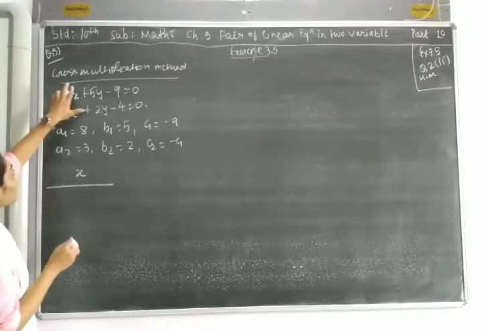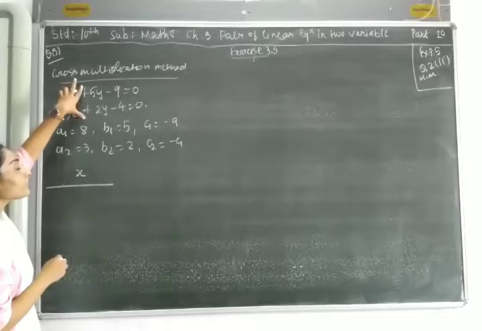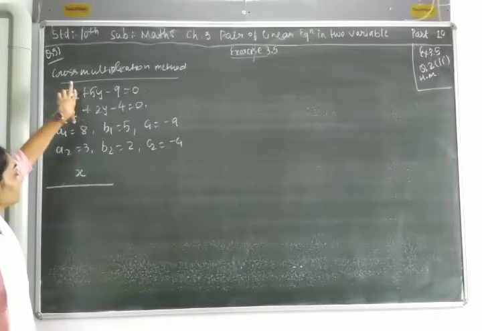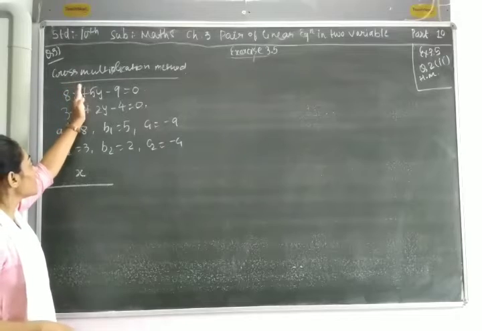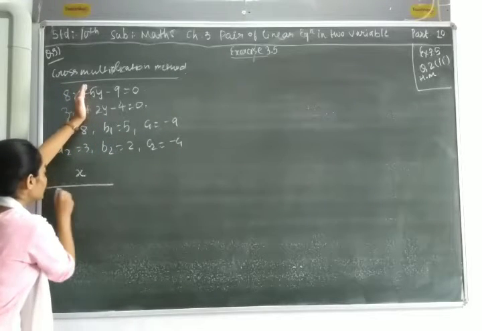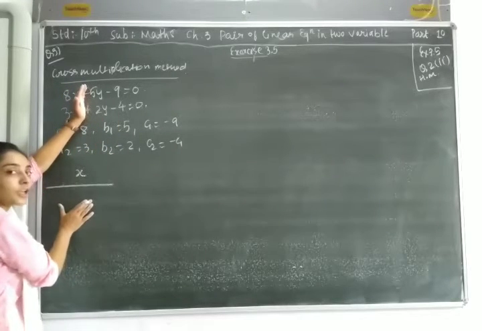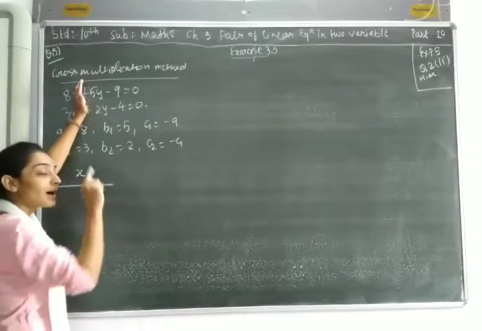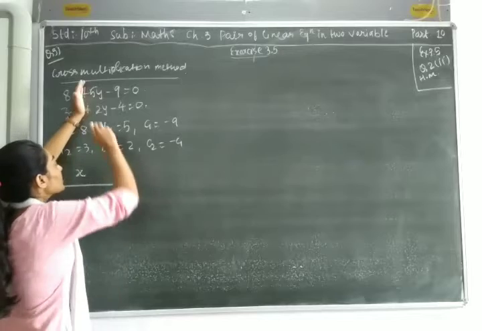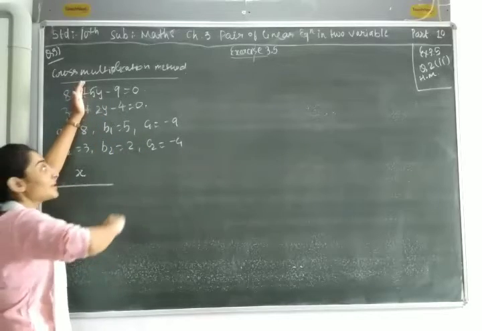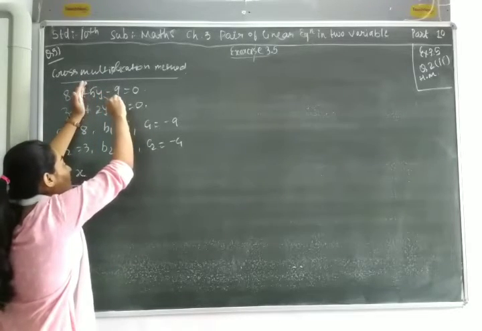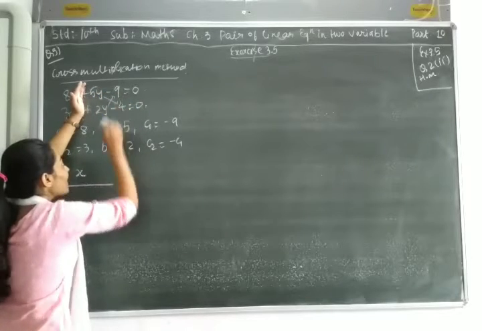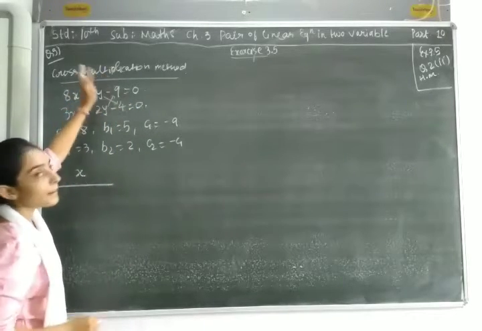Now x. Look over here at x. To write the x denominator, we use the coefficients, except for x's. It means writing it in cross multiplication form. So this way 5 and this way 5, and minus 4, 2 and minus 9.